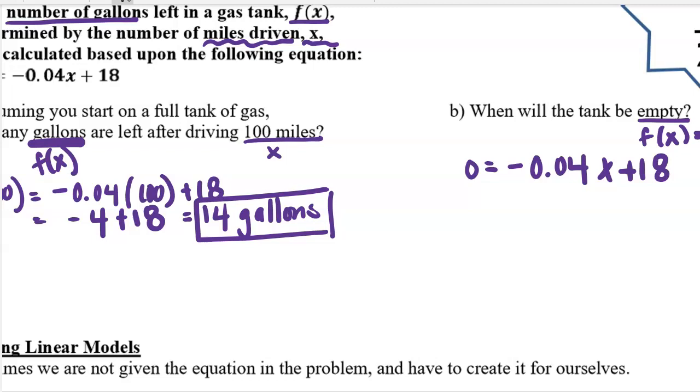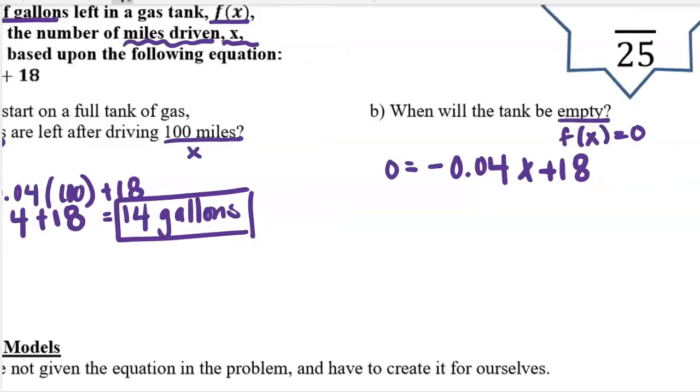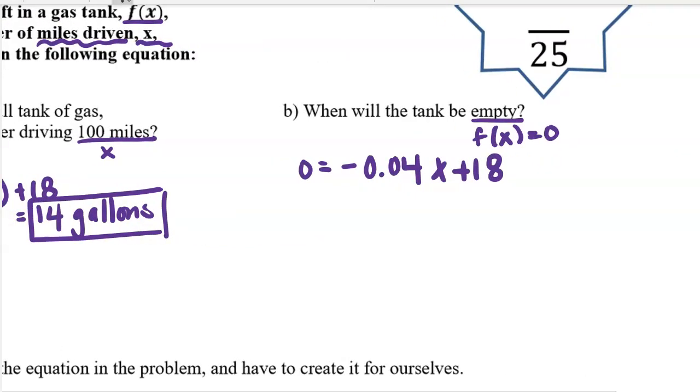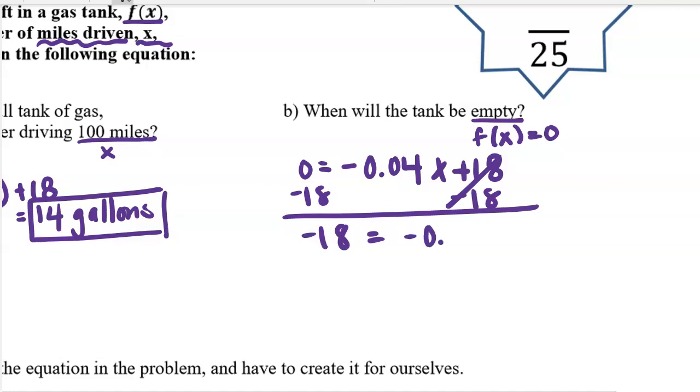Okay? To solve for this normally, Audrey, what would you do first to solve for x? Good. So negative 18 equals negative 0.04x. Next step, Kayla, how do you solve for x? Good. Go ahead and use your calculator. If you have one, go ahead and punch it in, Kayla.